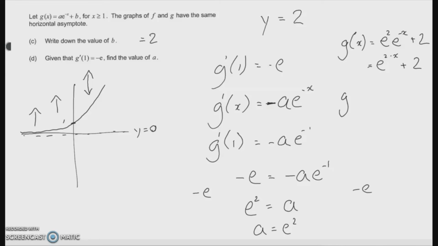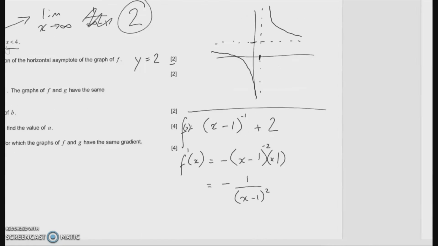We can also rewrite the general form of the gradient function g prime, which now becomes negative e to the 2 minus x.